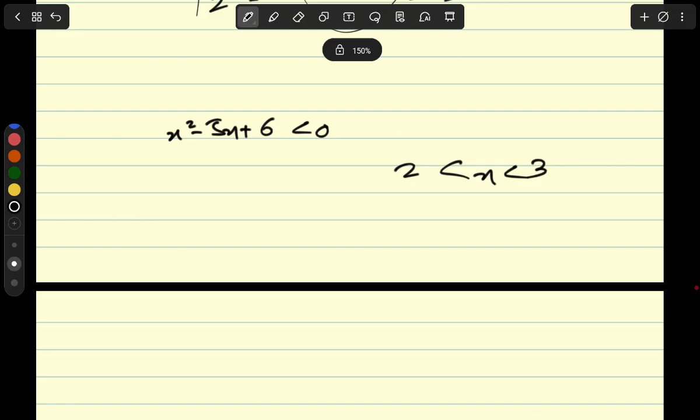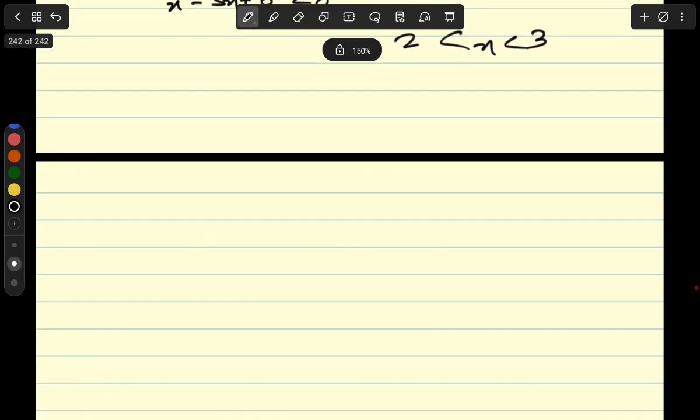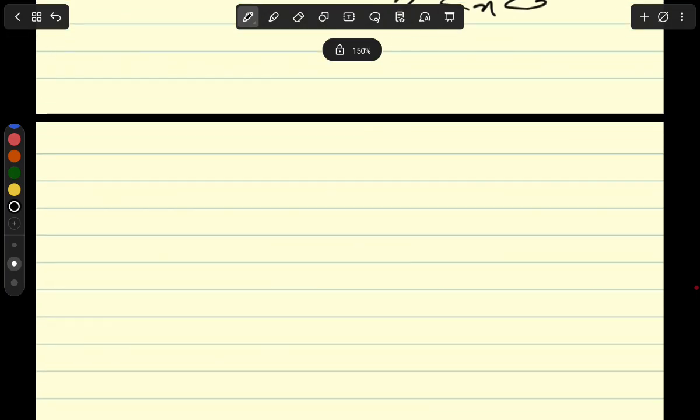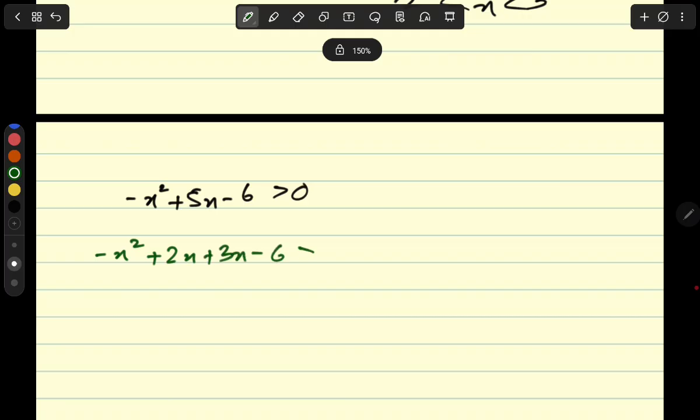Now here's where Cambridge becomes interesting. Suppose the parabola opens downwards. Let's solve. Minus x squared plus 5x minus 6 is greater than 0. So the roots are going to be minus x squared plus 2x plus 3x minus 6 is greater than 0.